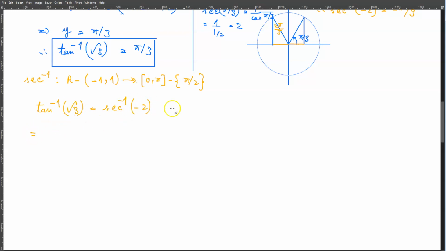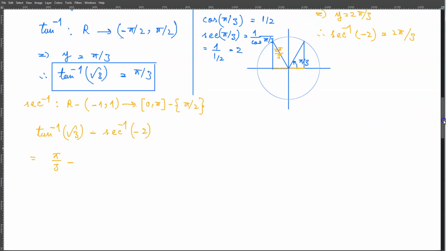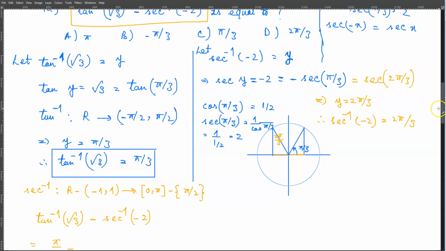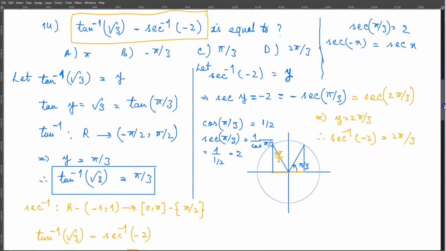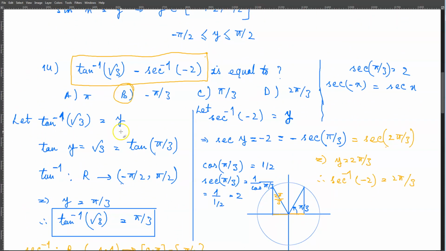Now tan inverse of square root of 3 is equal to pi by 3, and secant inverse of negative 2 is equal to 2 pi by 3. Now pi minus 2 pi over 3, that is, pi by 3 minus 2 pi by 3, is equal to negative pi thirds. And that is basically the answer that we were looking for. Negative pi thirds is this choice over here, choice B. So choice B is the correct answer.